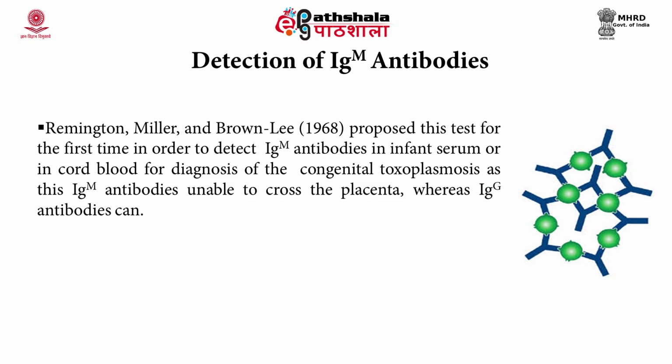In the third test, detection of antibodies, Remington, Miller and Brownlee in 1968 proposed this test for the first time in order to detect antibodies in infant serum or in cord blood for diagnosis of congenital toxoplasmosis, as IgM antibodies are unable to cross the placenta, whereas IgG antibodies can.